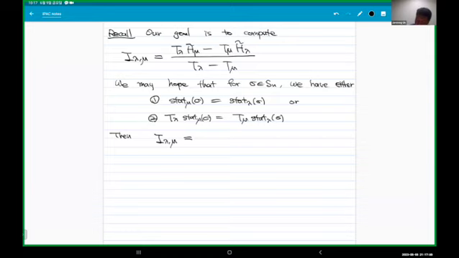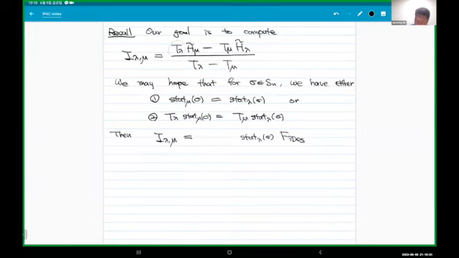If we have this situation, then for I lambda mu, if the permutation satisfies the first one, then we are doing nothing here. So once again we obtain stat lambda. And if the permutation satisfies the second condition, then the term indexed by the sigma vanishes because we have multiplied t lambda and t mu and then subtracted.